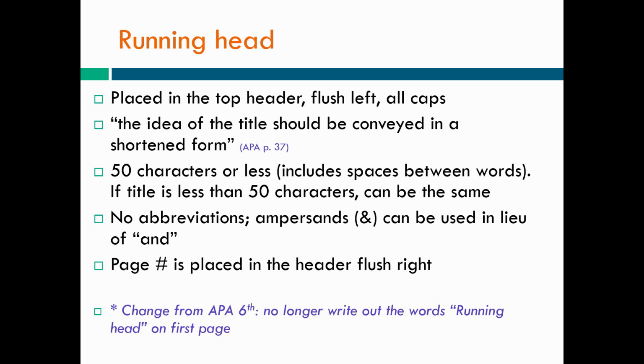So in the 6th edition, and sort of what I grew up on, before you actually wrote the running head, the words "running head" would precede that. So it would be "running head" colon, whatever the running head was. However, that is no longer necessary for the 7th edition. You just simply write what the running head is.